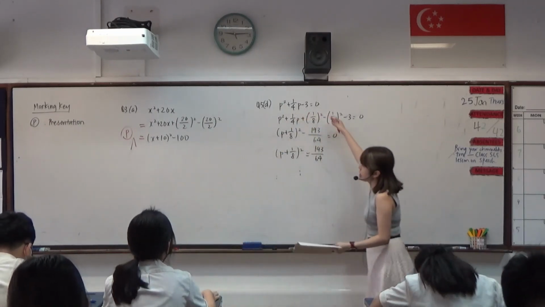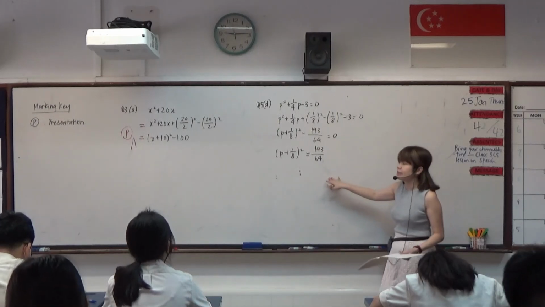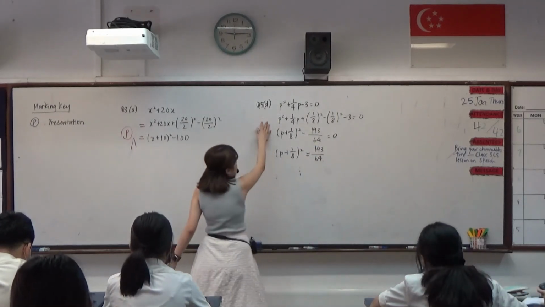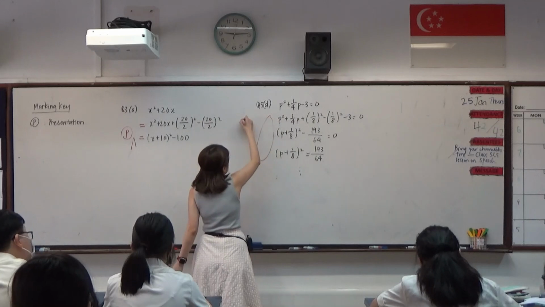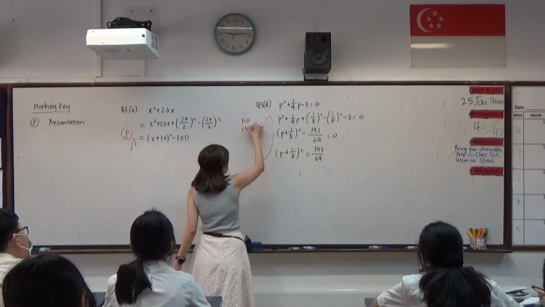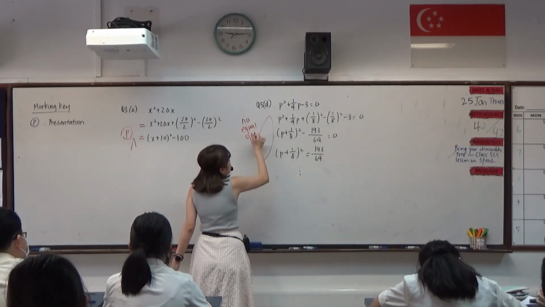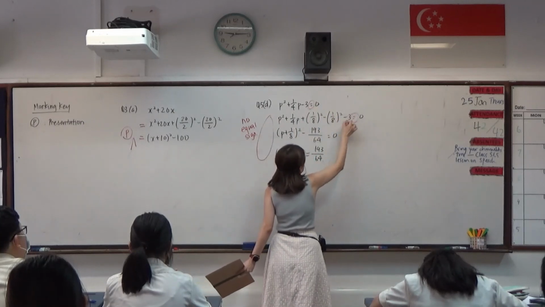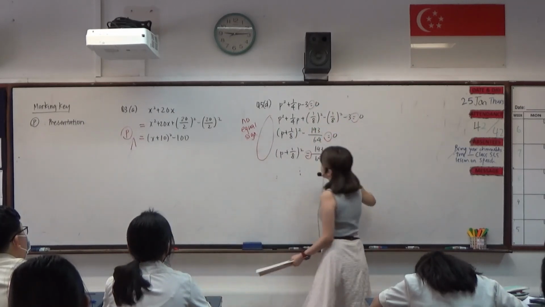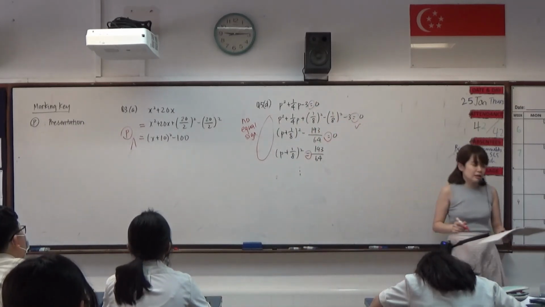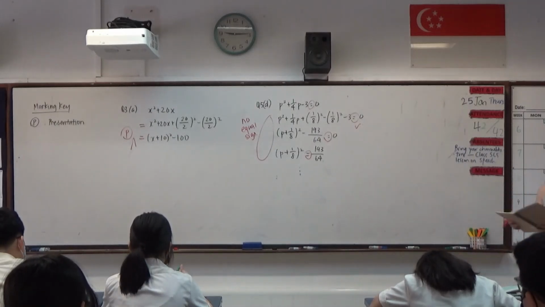This is an equation that we're trying to solve. There should not be any equal sign over here. Down here, no equal sign required. The equal sign is actually all found in the middle. So this is the correct presentation.